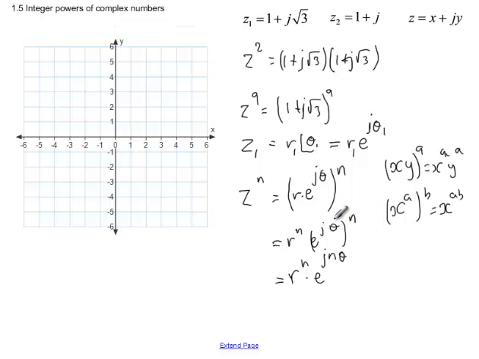What are the steps involved in doing this? First of all, I'm given a number z equals x plus yj. Step number 1, I would find the modulus, where I just take the components of the complex number, the real part and imaginary part, and square them. I'm done.